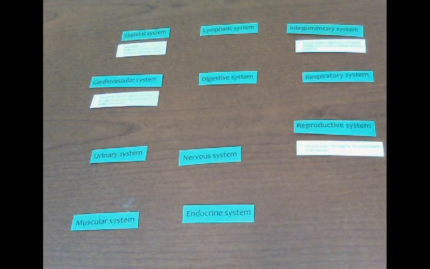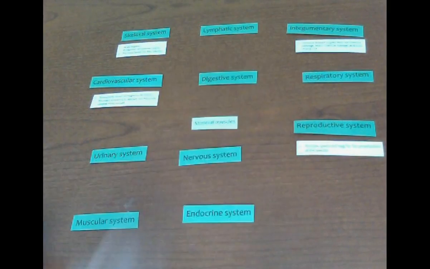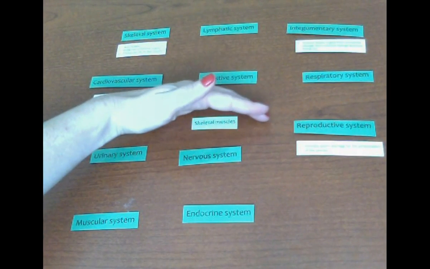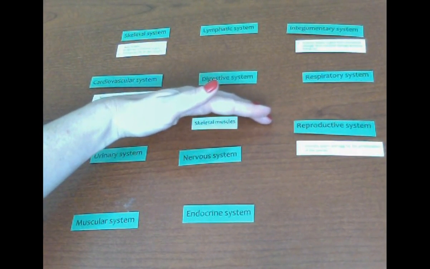Okay. All right. Now, let's say there's some of them that maybe you don't quite know the function, but you think, well, maybe I can figure it out another way. So, for example, here we've got this word right here, and that says skeletal muscles.